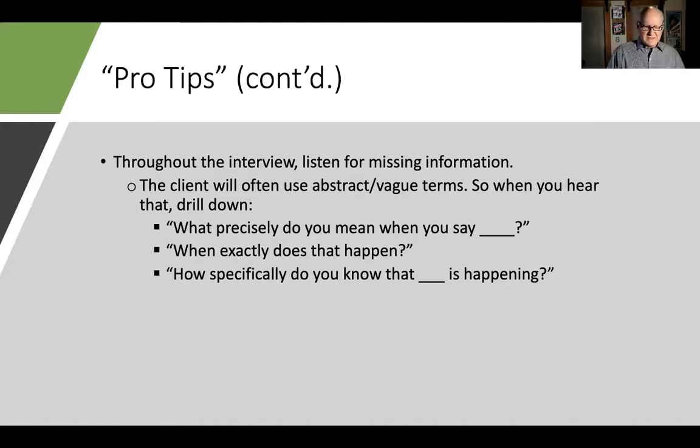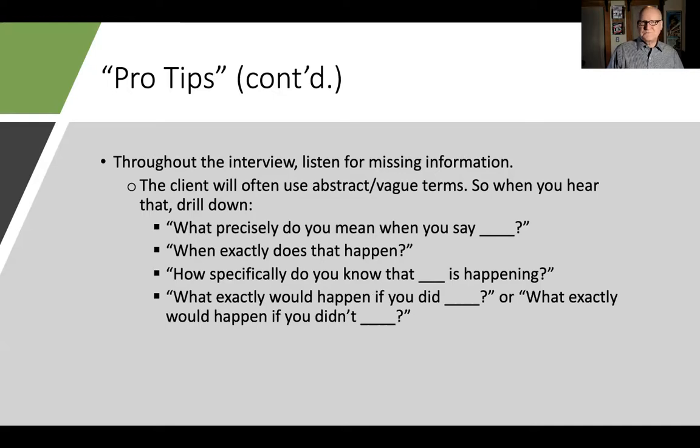One of my favorites is when someone says, we have to do this, or we must do that, or we have no choice except but do this. You can say, well, that's interesting for me to know. What exactly would happen if you didn't do it? And then the other way around, we can't do this. We mustn't do this.